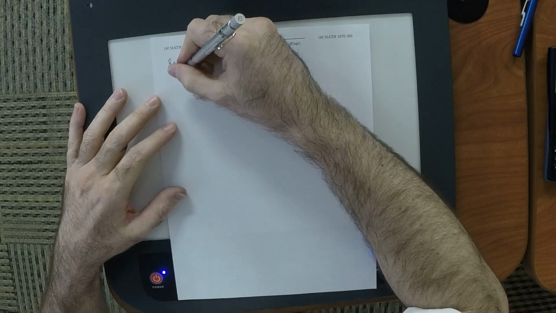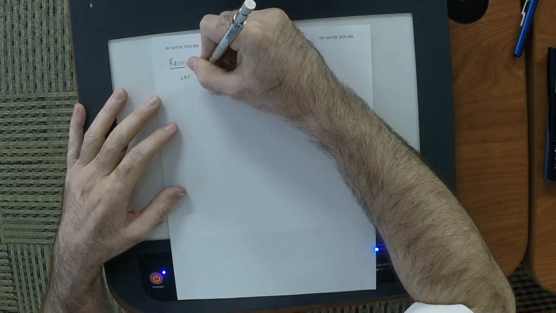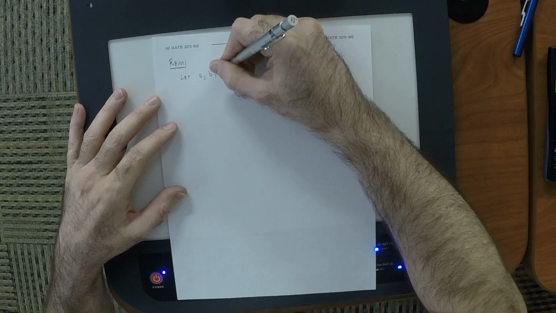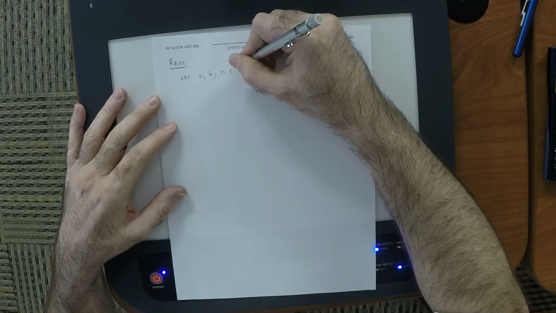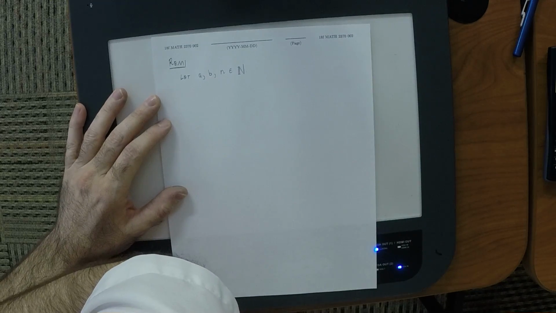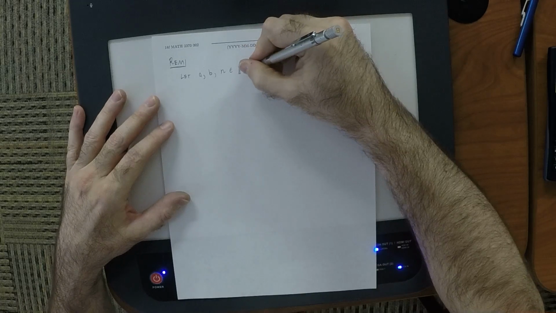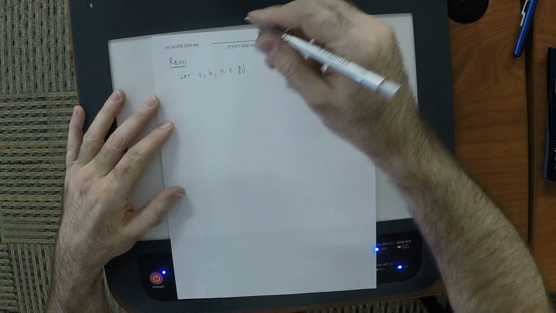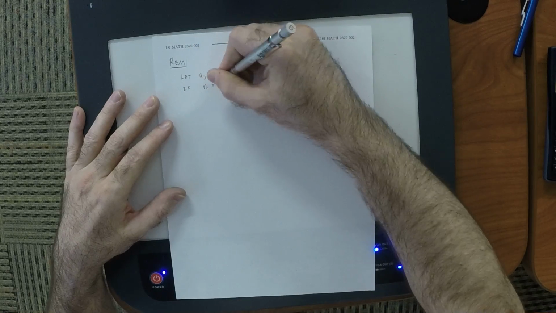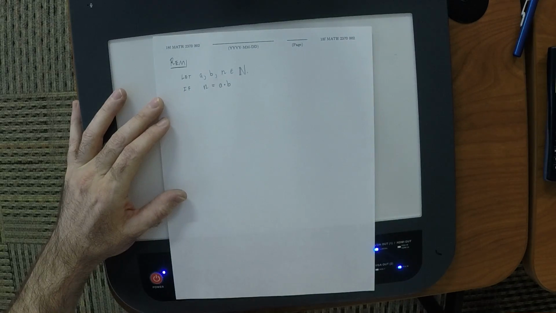here we go. I'll say that in the first place, let A, B, and N be in the naturals. And suppose N is equal to A multiplied by B, so N is that product.